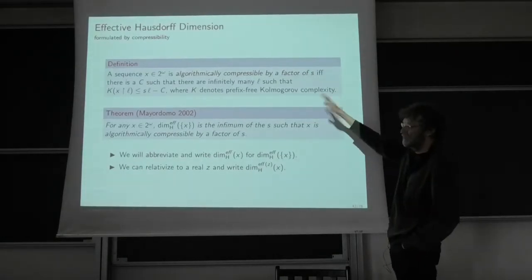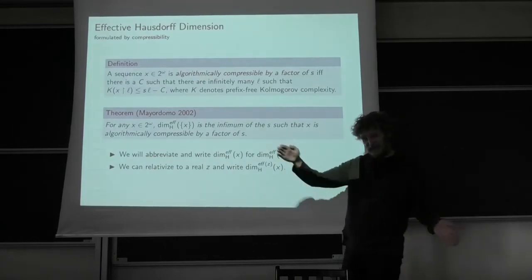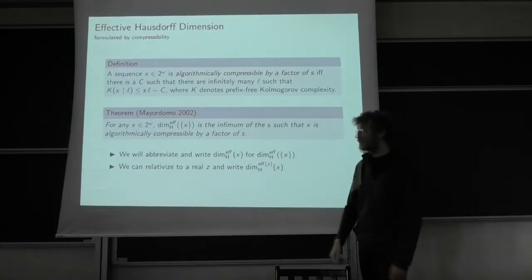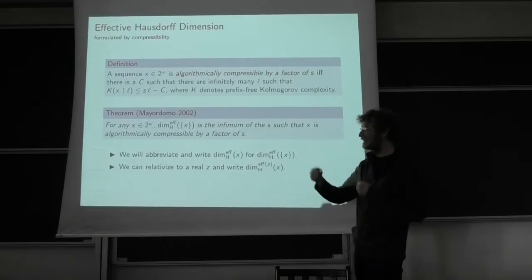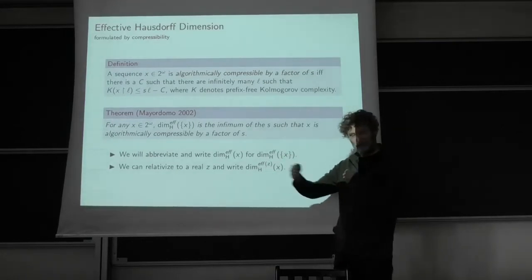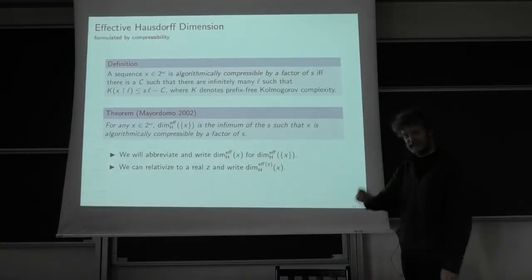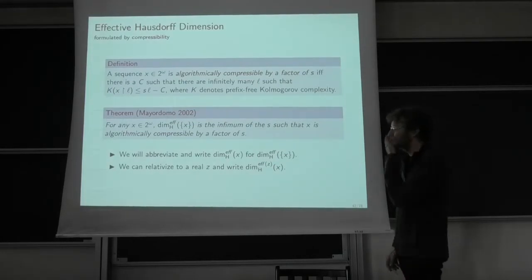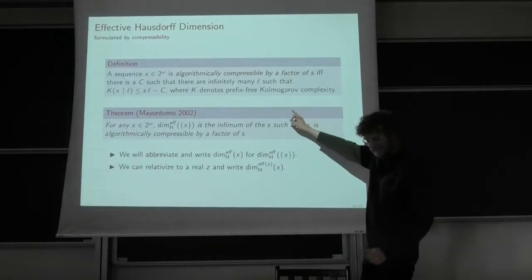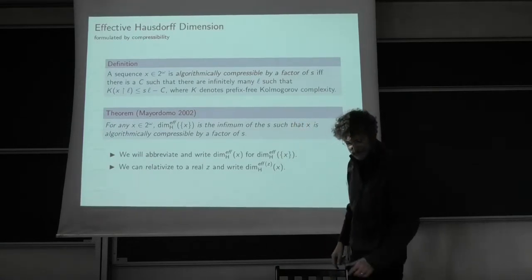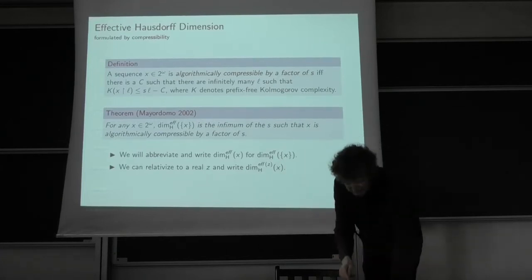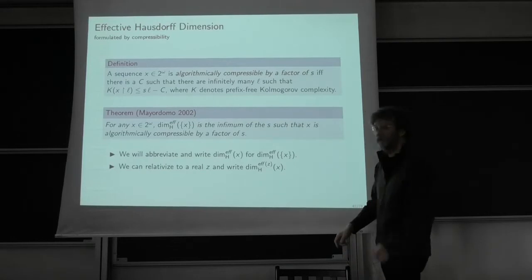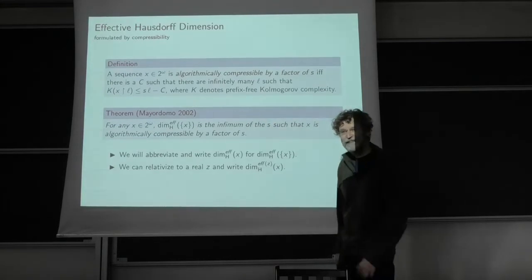Compressible by a factor of s means that there's a compression algorithm which will present the information x restricted to L, but in compressed form, down to something of size s times L. And interestingly, as a side comment, in this study of effective dimension and compression algorithms, computer science compression algorithms actually show up here, and they're useful.